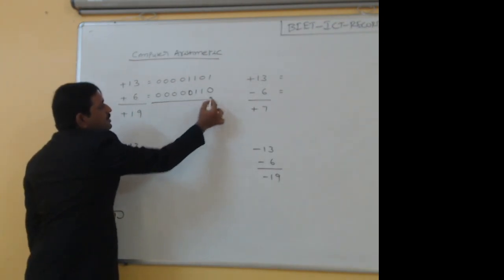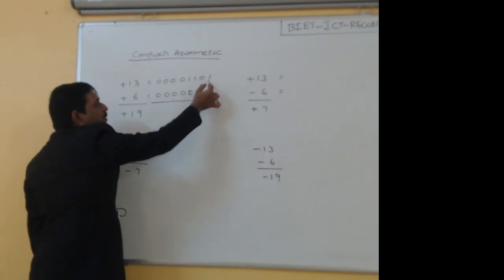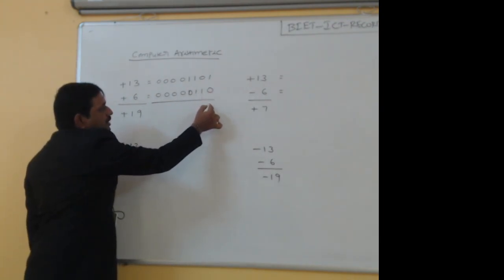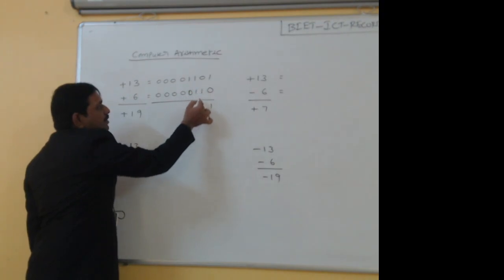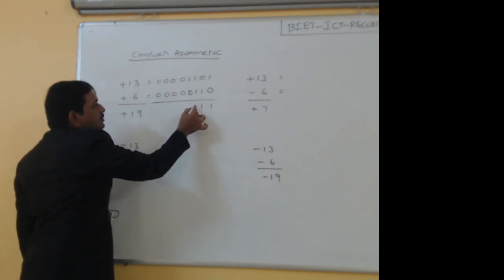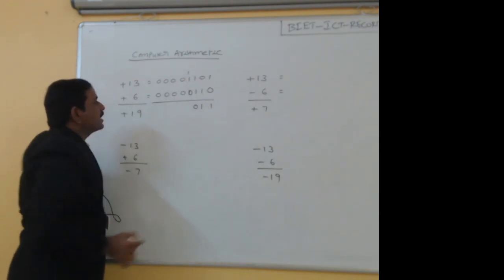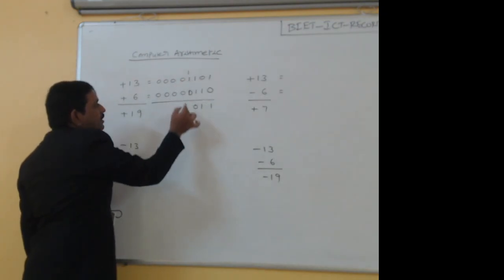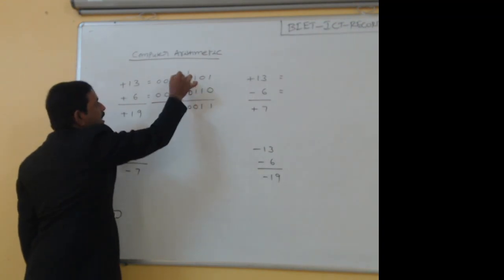By adding these two numbers, 1 plus 0 is 1, 0 plus 1 is 1, 1 plus 1 is 0 and the carry is forwarded here. Again 1 plus 1 is 0, and the carry is forwarded.